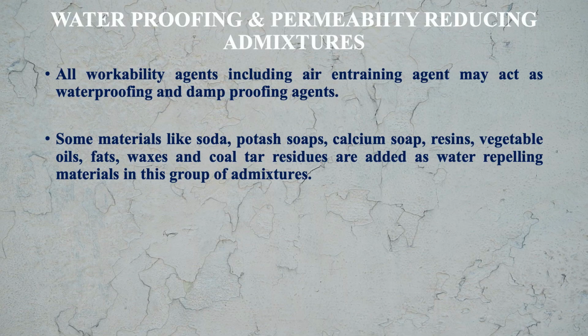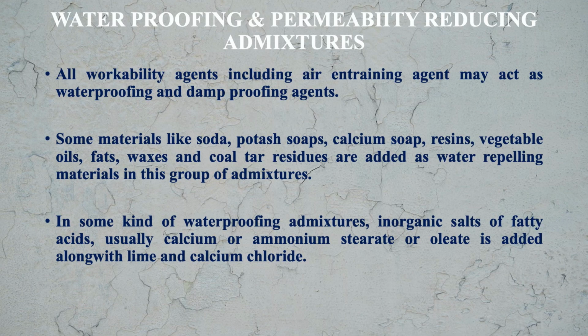Some materials like soda, potash soap, calcium soap, resins, vegetable oils, fats, waxes, and coal tar residues are added as water repelling materials in this group of admixtures. So these are some of the materials in this group which we can use as permeability reducers and damp proofers.